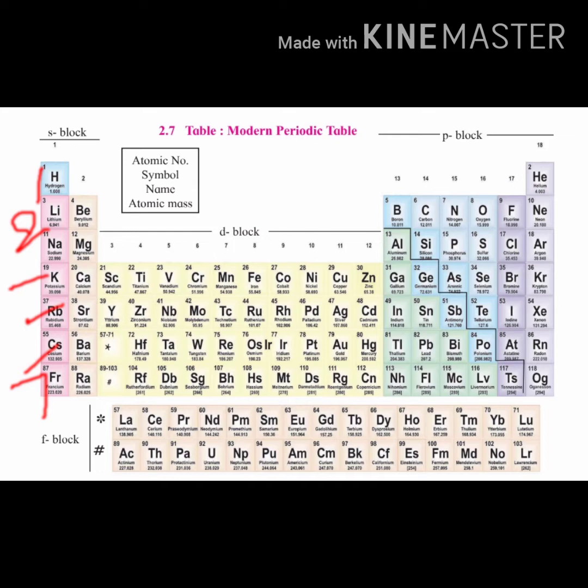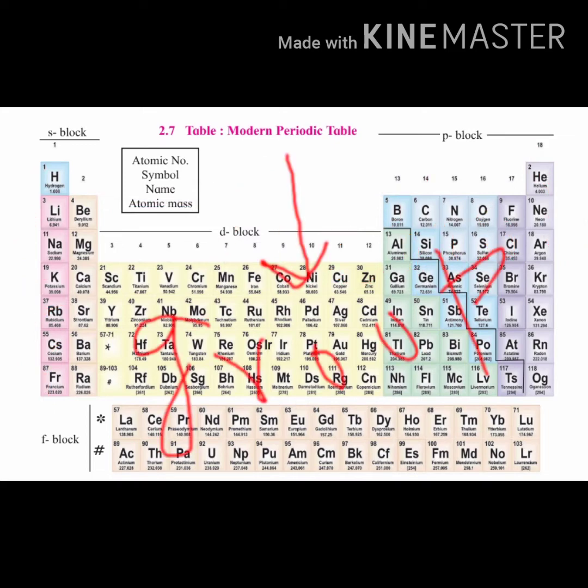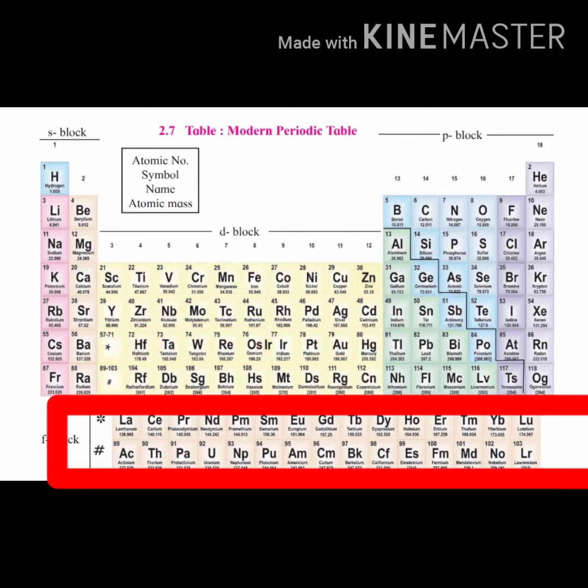I repeat, there are 7 horizontal rows, named periods, and 18 vertical columns, called groups. Apart from those 7 rows or 7 periods, there are also 2 rows down. If you see, they are extra. The first one is the lanthanide and the second one is the actinide series.